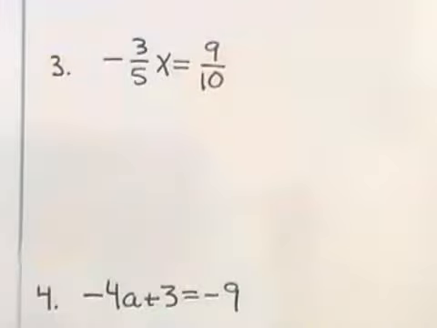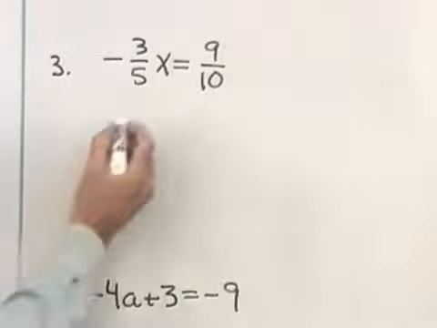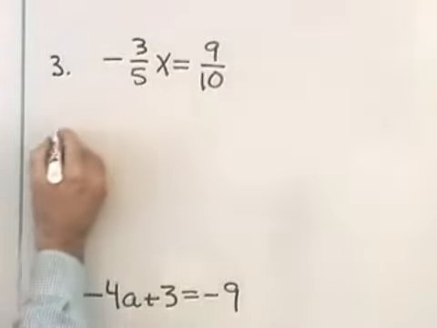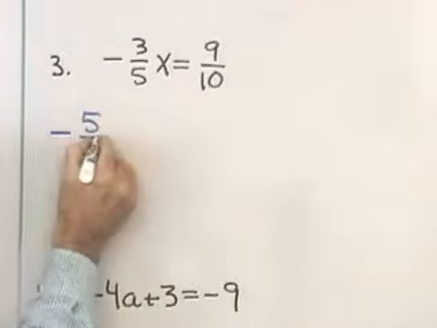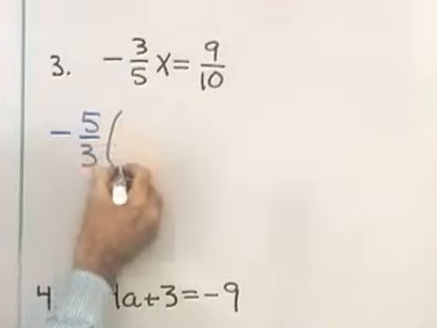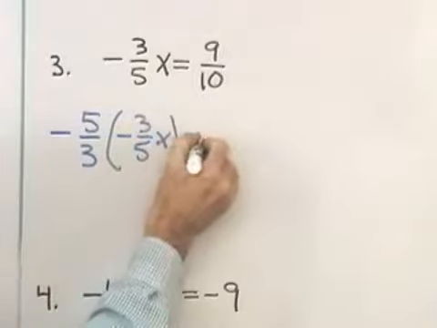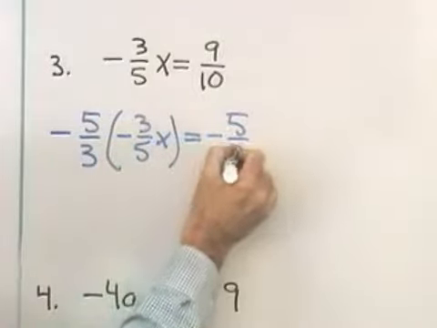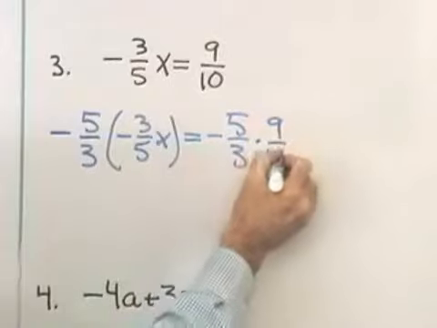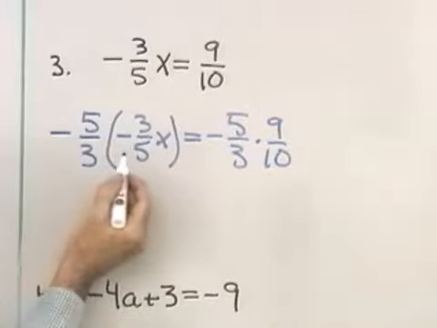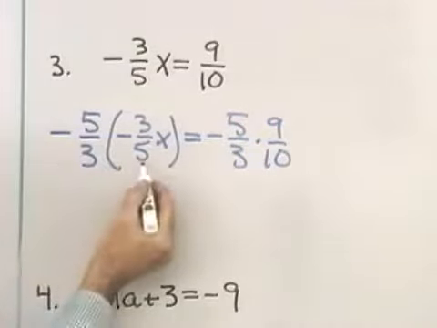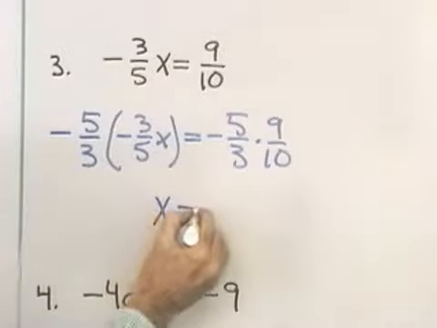Here's another one. -3/5 x is equal to 9/10. I'll multiply both sides by the reciprocal of -3/5, which is -5/3. -5/3 times -3/5 x, and -5/3 times 9/10. -5/3 times -3/5 is 1 times x is x.